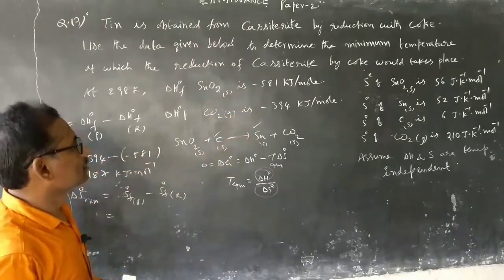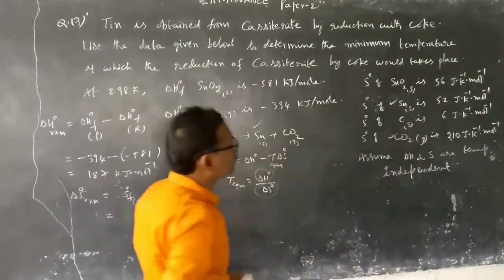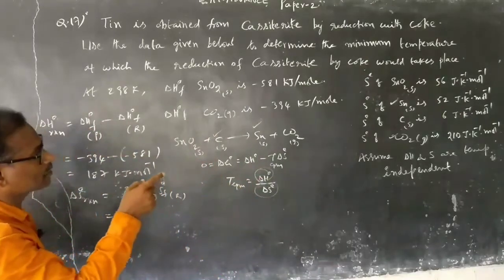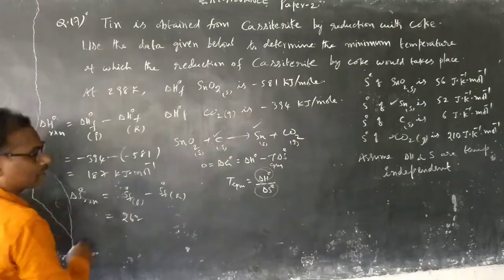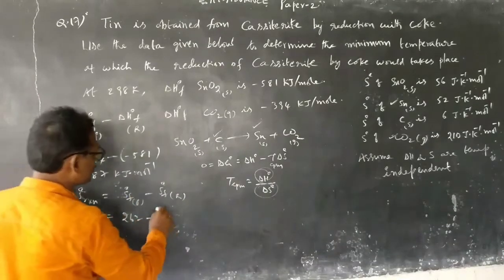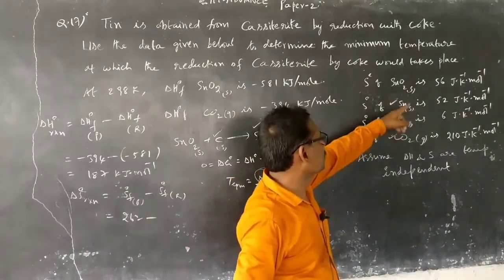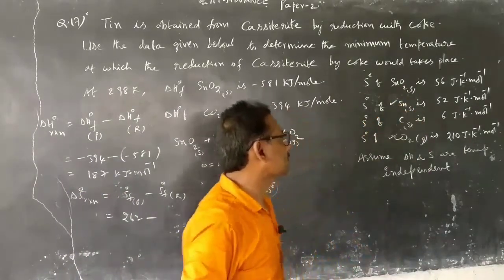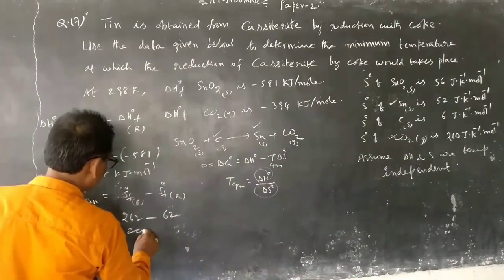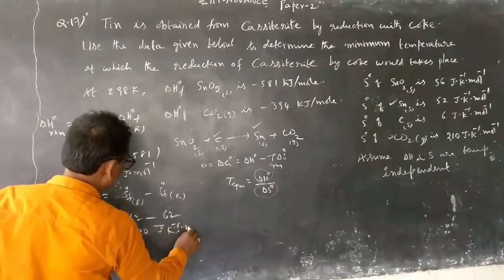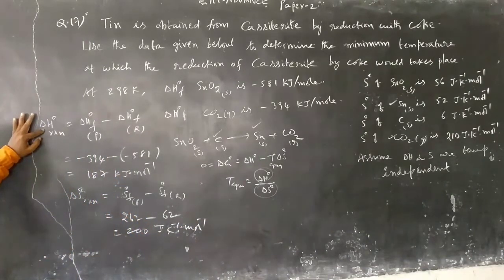So the products are Sn and CO2, that is 52 plus 210, which means 262 joule per Kelvin per mole. For the reactants, SnO2 and C, the sum of them is 56 plus 6, that is going to be 62. So the answer is going to be 200 joule per Kelvin per mole.